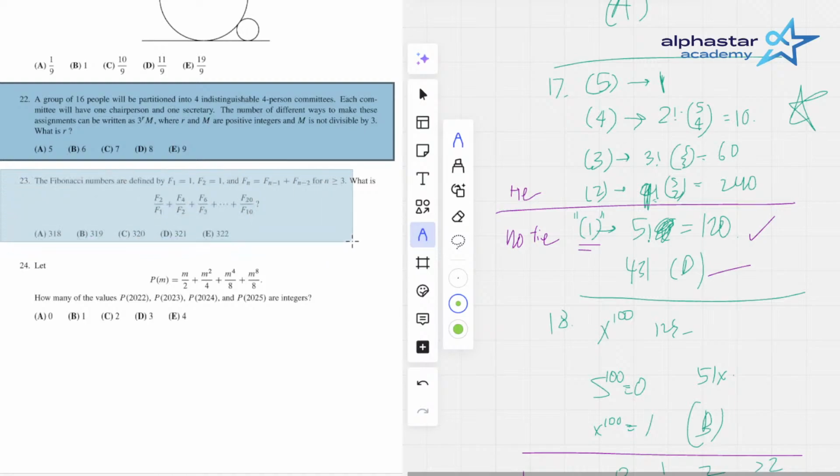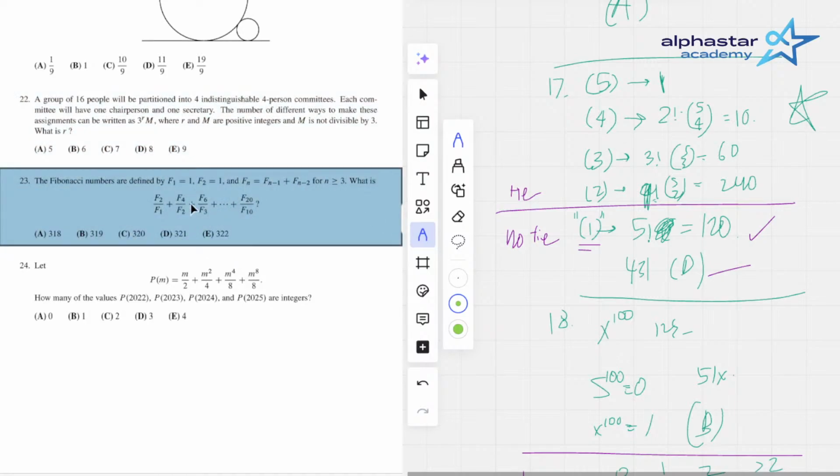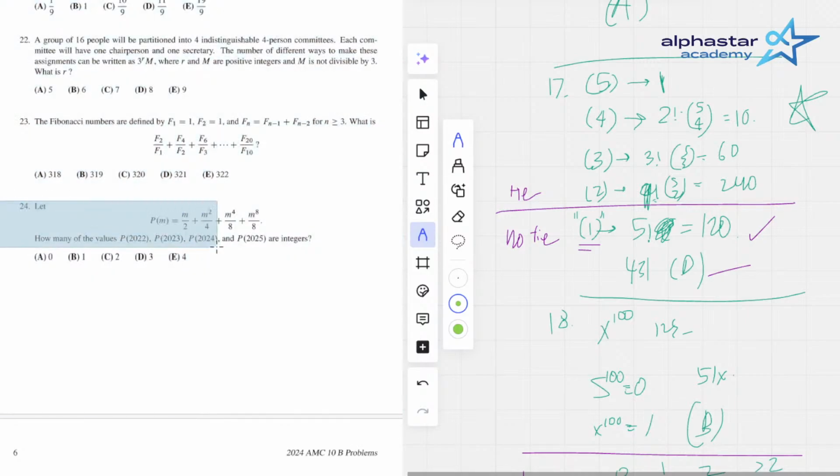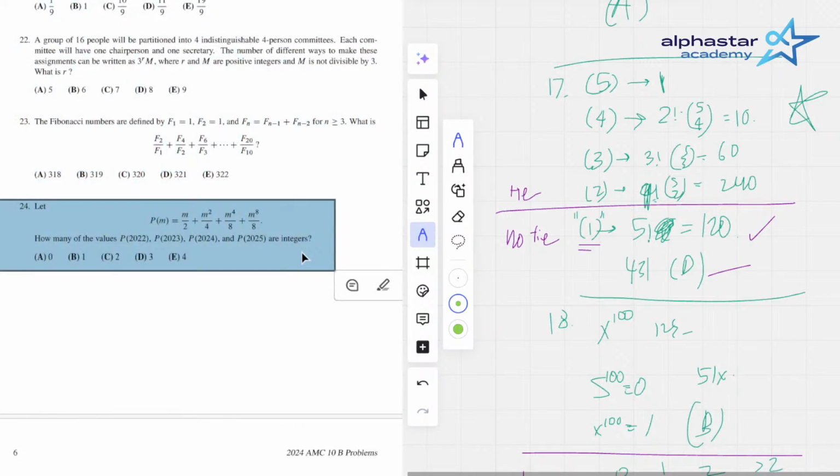Similarly, number 23 is very guessable if you just compute the first few values. Number 24, I was really surprised to see this one, because this is just modular arithmetic, right? Or you can even just bash it out and compute the fractional parts.